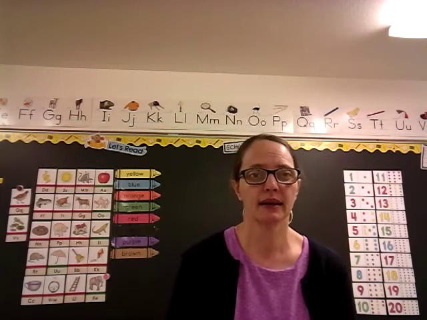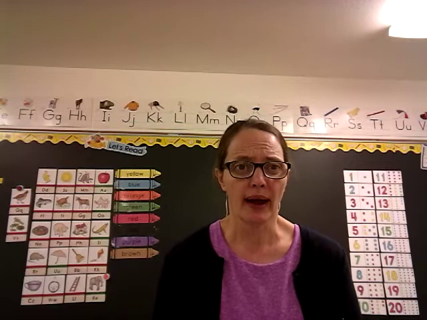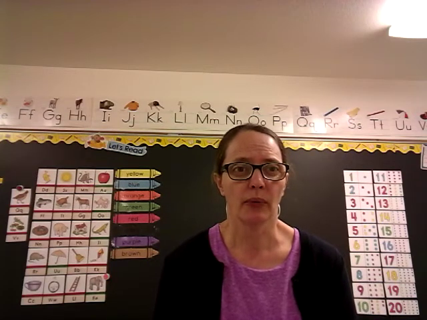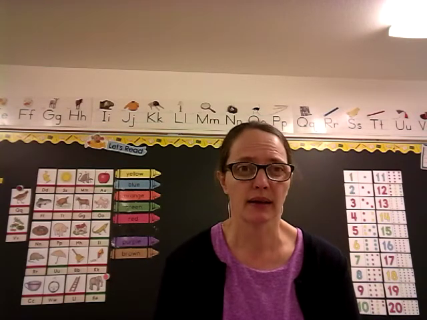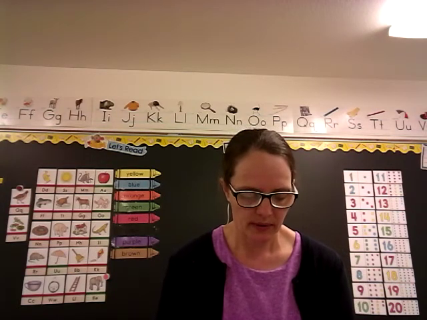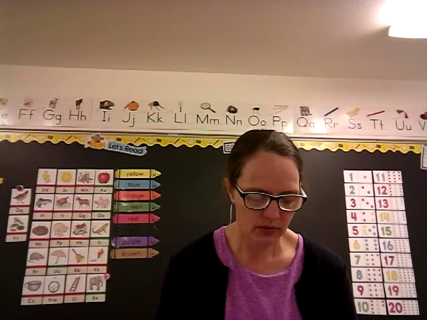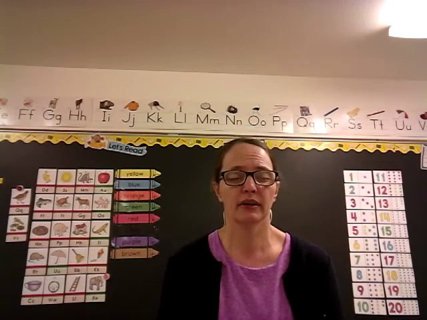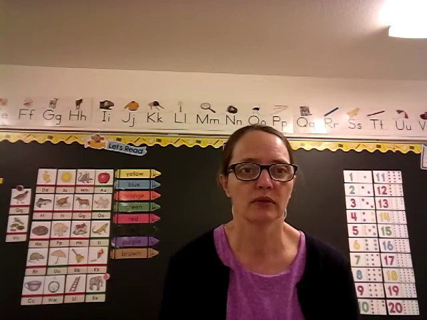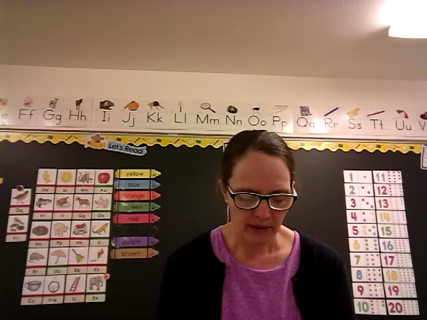The next sound is R, like rabbit or rat. It's the r sound. The next letter is J, like, let me think of a word.